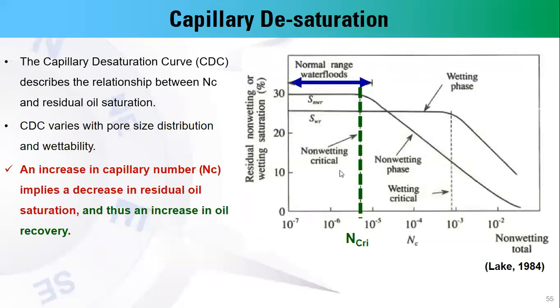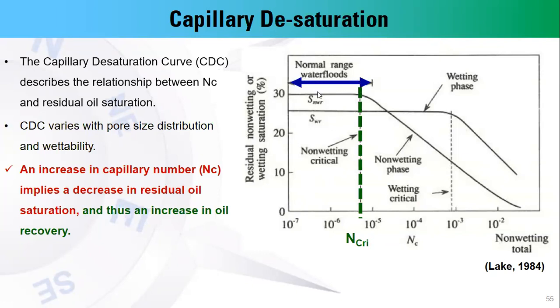It's important to know we have this relationship between the residual non-wetting phase, residual oil saturation, against capillary number. As long as the capillary number is increasing, the residual oil saturation is decreasing, as you can see.